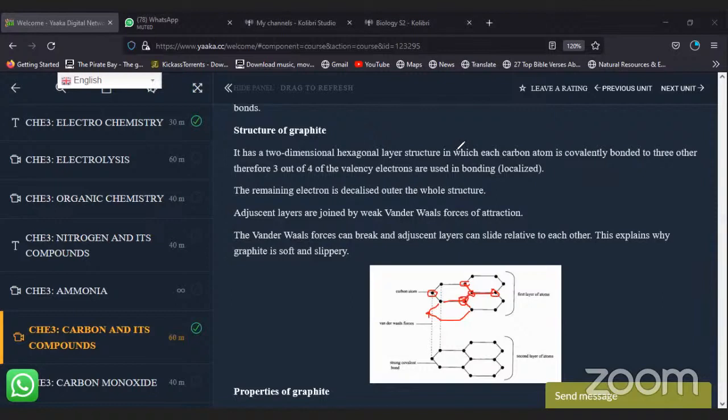What is the valence of carbon? You can type it in the chat if you know it. What is the valence of carbon?